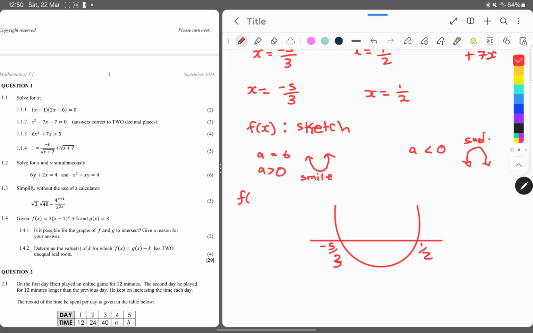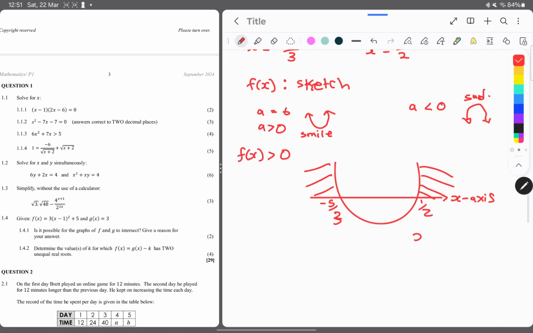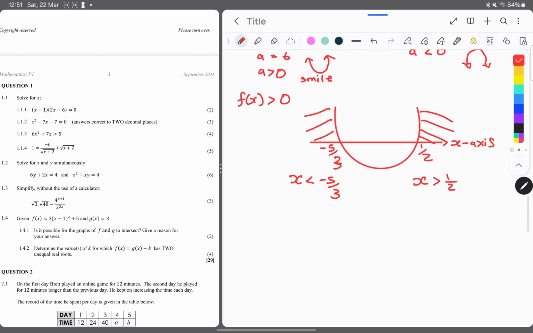It said f(x) must be greater than 0. Therefore, we're looking for above, which is the area here, because this is our x-axis. Therefore, this happens when x is greater than 1 over 2, or when x is less than minus 5 over 3. Done.